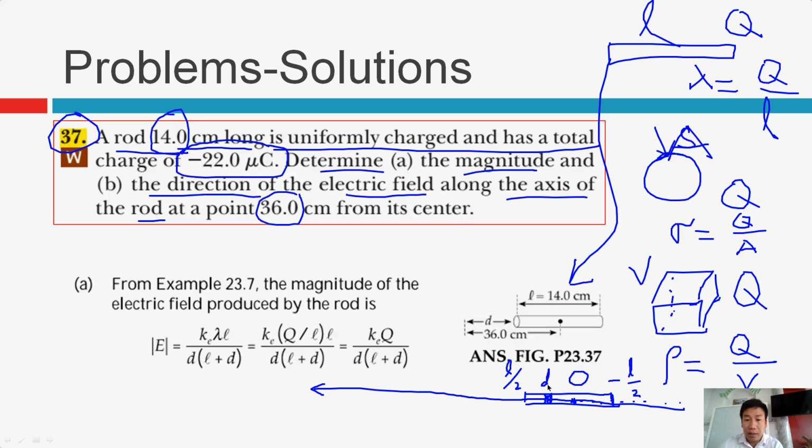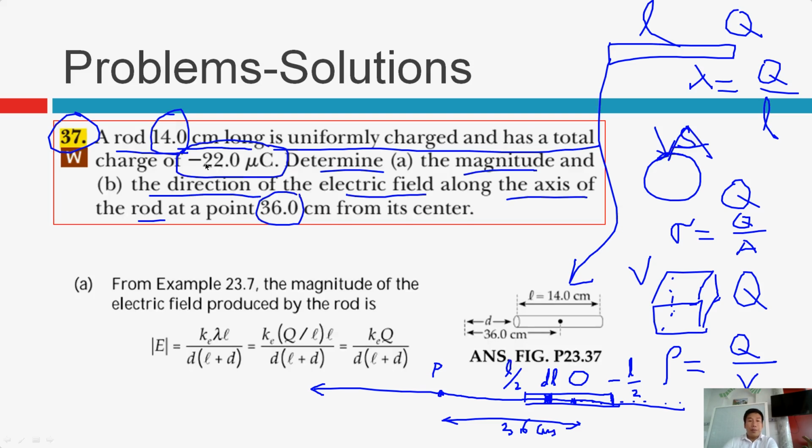Here I divide it into pieces of length dl. The point where you need to know the electric field is P here, with the distance 36 centimeters, right?